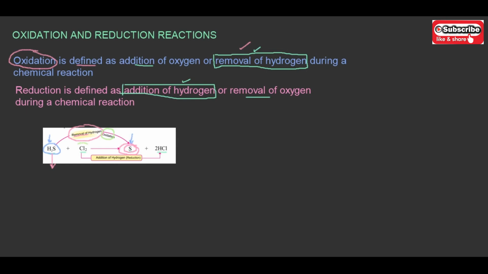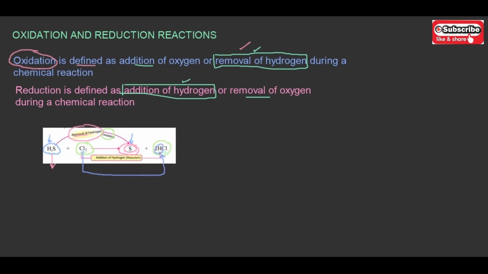Now in case of chlorine, as you can see on the reactant side, this chlorine atom is alone. Alone means it is not chemically bonded to any other atom. But on the product side, you have two molecules of hydrogen chloride. Now this chlorine atom, which was initially alone in the reactants, is bonded to a hydrogen atom. Where did this hydrogen atom come from?